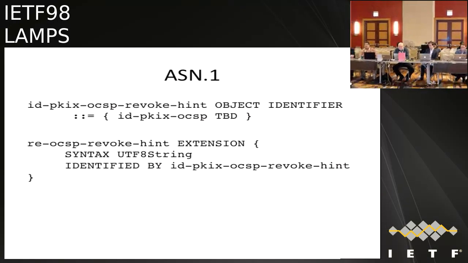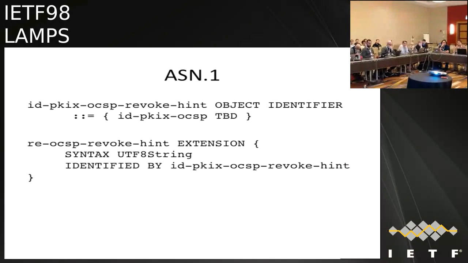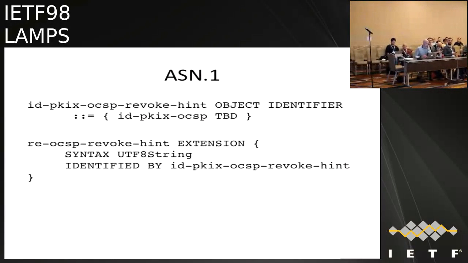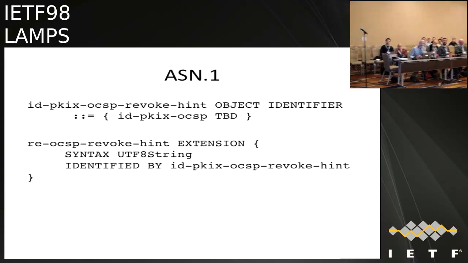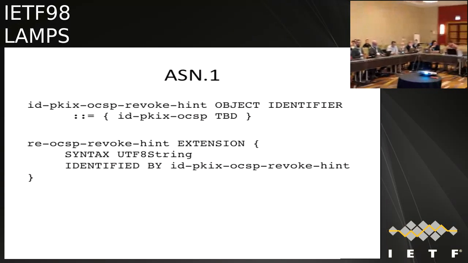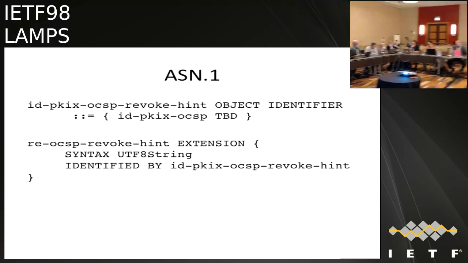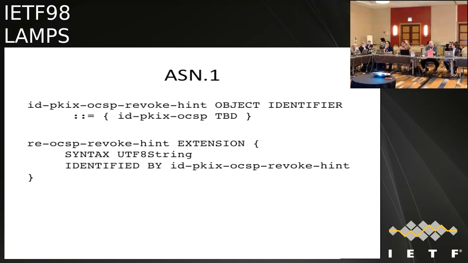I can't do ASN.1 anymore, but Russ helped. Russ said, oh, is this what you mean? I just cut and pasted it from his email message, changed the font to look computery. Yeah, okay, Jim says it's wrong. Okay, fine, we'll fix it. I haven't written the draft yet even. So the idea is there's an OID and an extension in the response that says if you see this OID, what's there is a UTF-8 string.